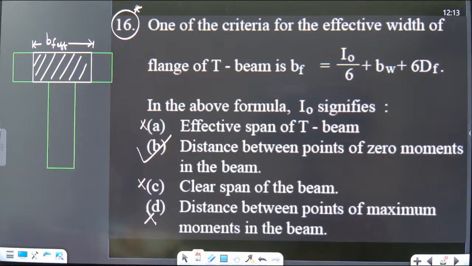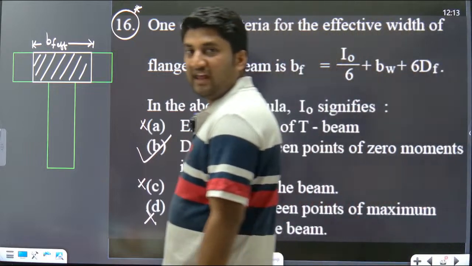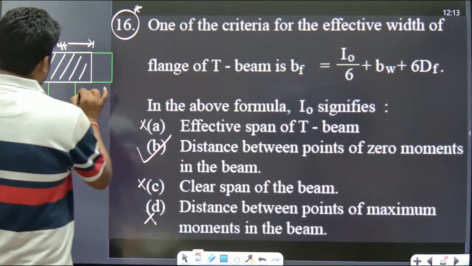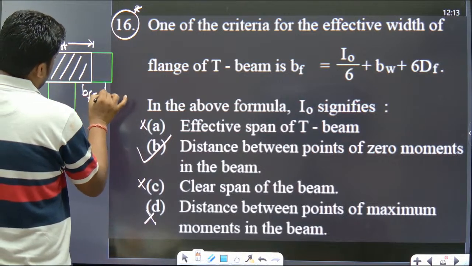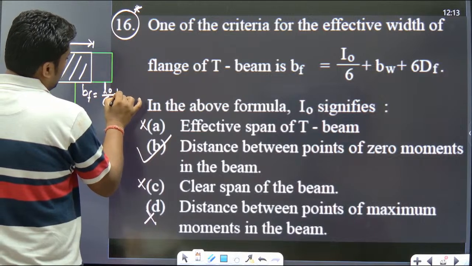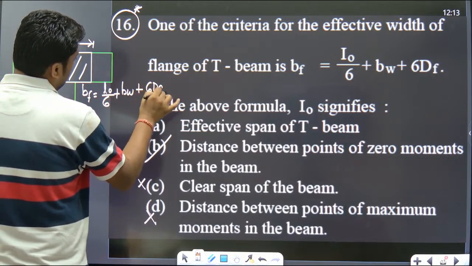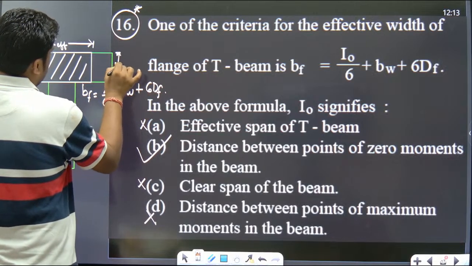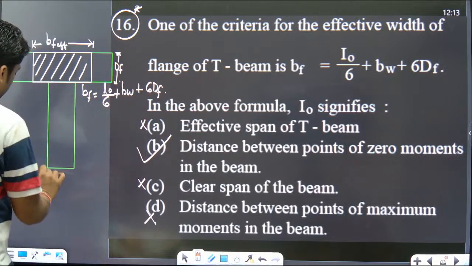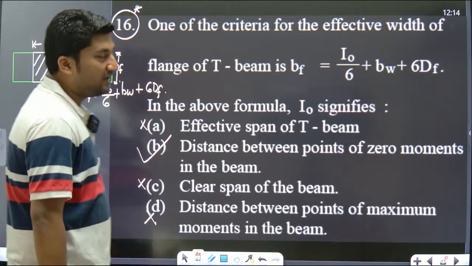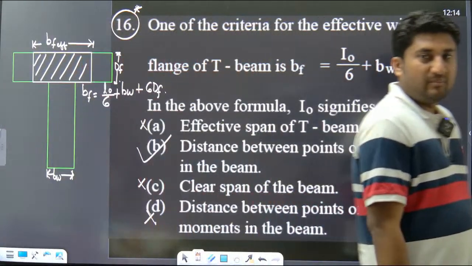This is for T beam. Can you answer me for L beam? For T beam, the effective width of the flange is L naught by 6 plus BW, the width of the web, plus 6 times DF, the depth of the flange. Understood everyone? For L beam, yes, very good.